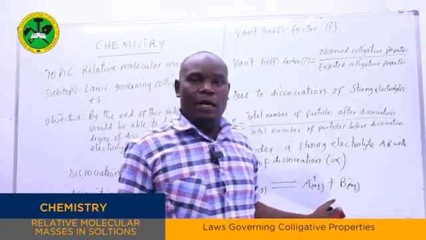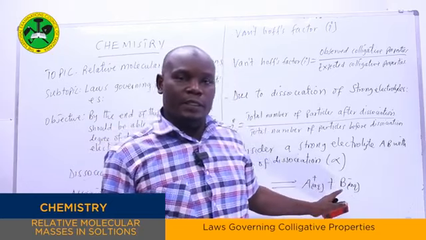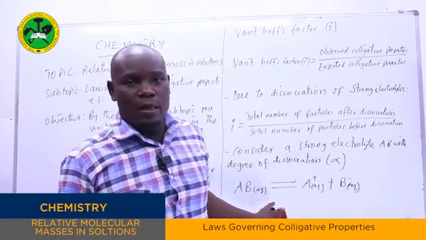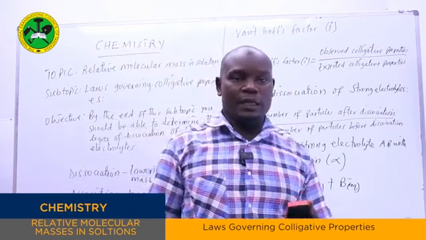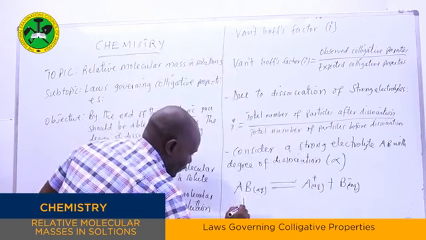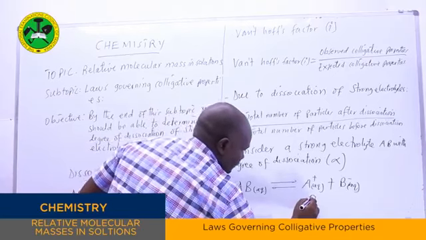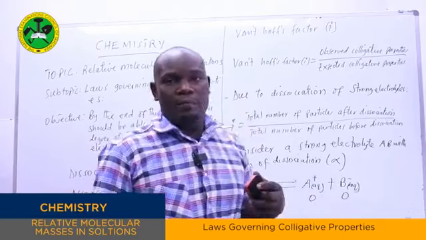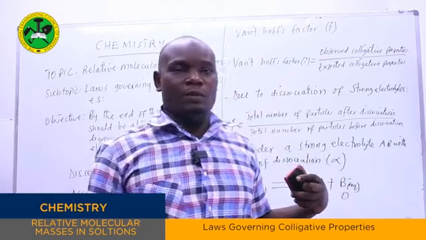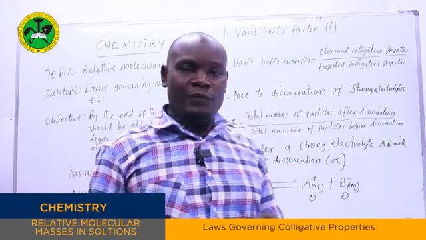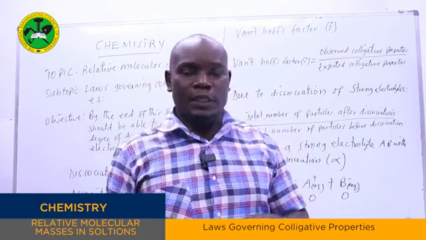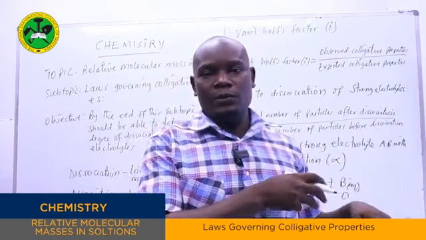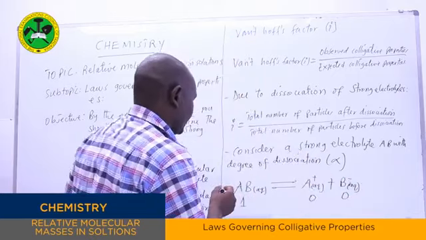So these are the ions that have dissociated from the strong electrolyte AB. Now remember that initially the amount of strong electrolyte present was 1, and after dissociation a certain amount of the strong electrolyte will dissociate into its ions, that is the products.